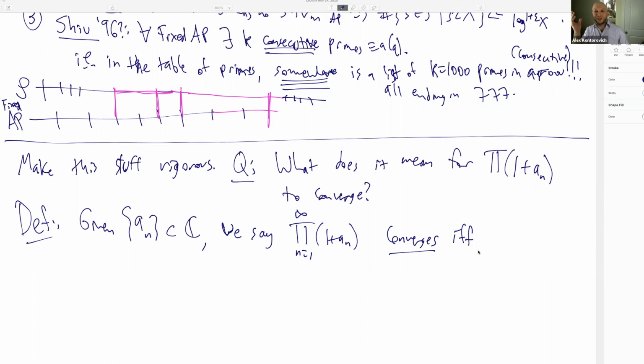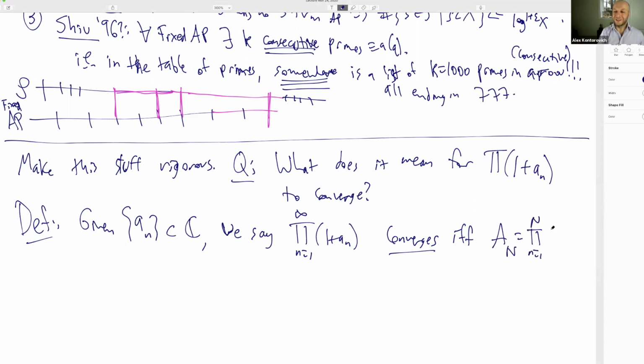What's a reasonable definition? You know what it means for a sum to converge. The partial sums form a Cauchy sequence. Wouldn't you do something similar? Yes, Kayla, exactly. And the partial products should converge. Exactly. So let's make the partial products.